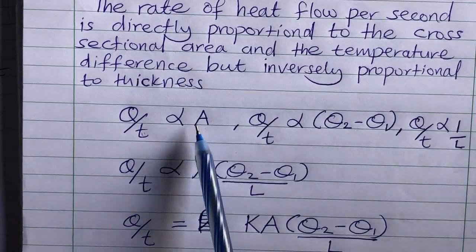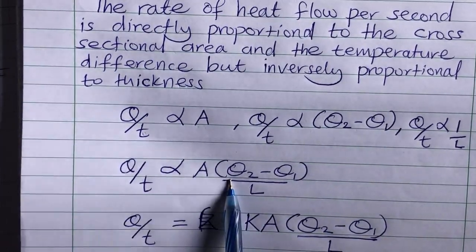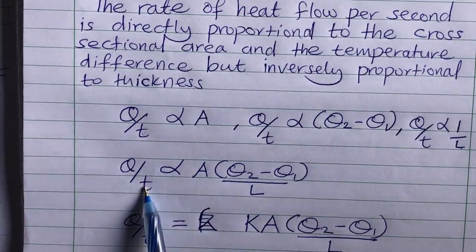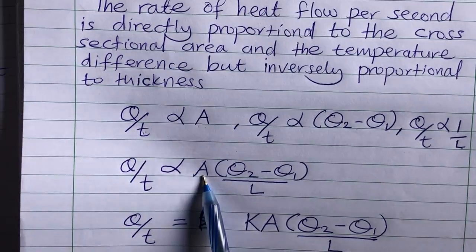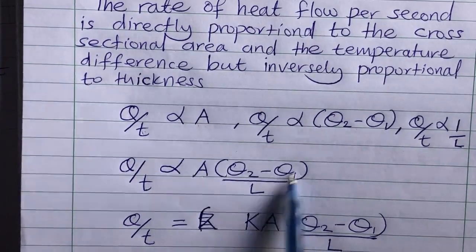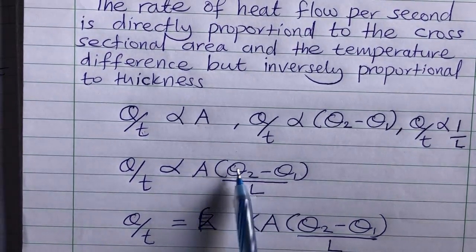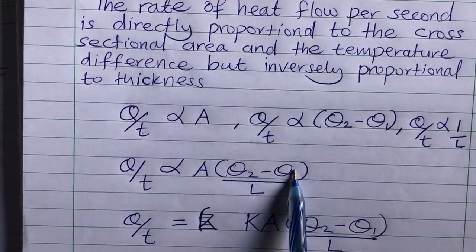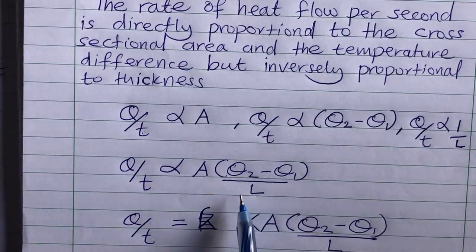And therefore, when we combine these three, the rate of heat flow is directly proportional to the area and directly proportional to the temperature difference, but inversely proportional to the thickness. But when we divide the temperature difference by thickness, we get what we call temperature gradient.